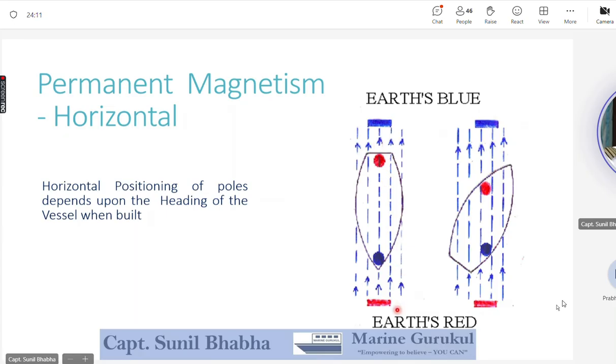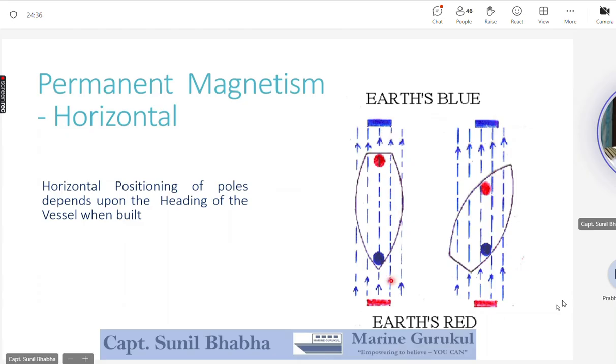We are aware that magnetic field lines come out of the red pole, which is the south magnetic pole of the Earth. They are all coming out from the red pole. And these lines of force re-enter or go into the blue pole or the north magnetic pole of the Earth. So that is why you see the arrows are always from red to blue.